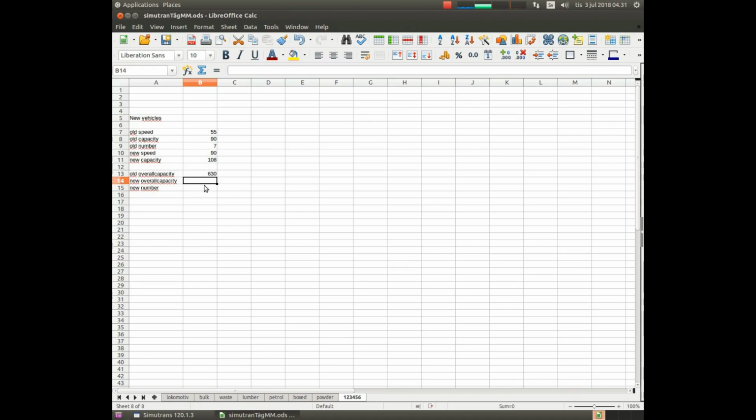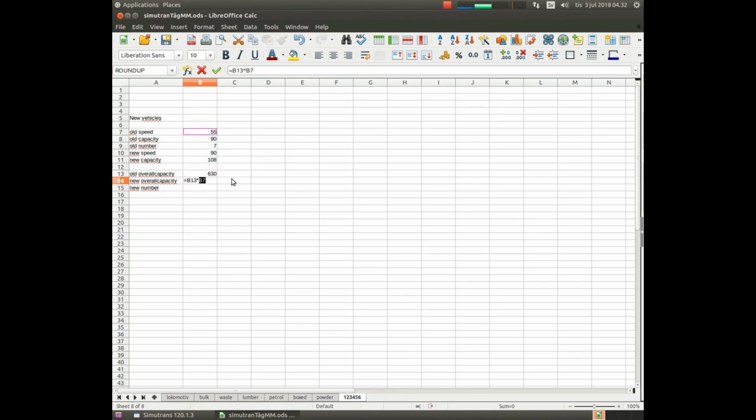Now we need to calculate the new overall capacity, because here we don't take the speed into consideration. But that we should now do. So we have the old total capacity multiplied by the old speed.